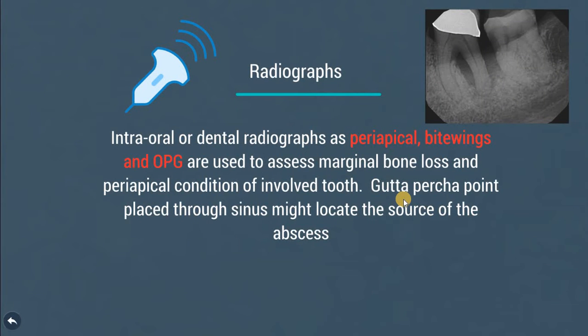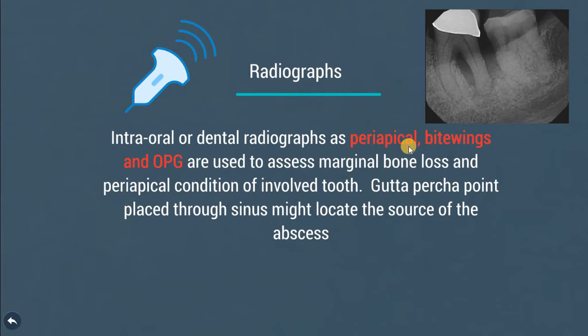We take, for example, a periapical radiograph, and to know the exact position of the periodontal abscess, we may use a gutta-percha point through either the sinus tract of the abscess or through the pocket to know the exact location of the periodontal abscess, because sometimes you find a swelling in an area and when you examine it through radiograph you find that the exact position of the abscess is not what you see clinically. It's in a different position or has a different source.